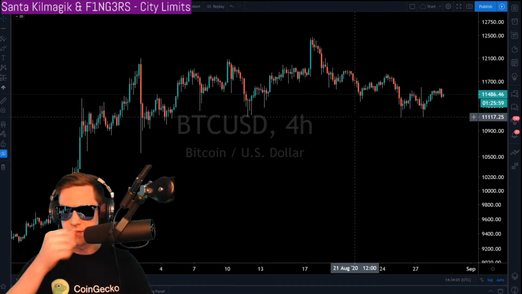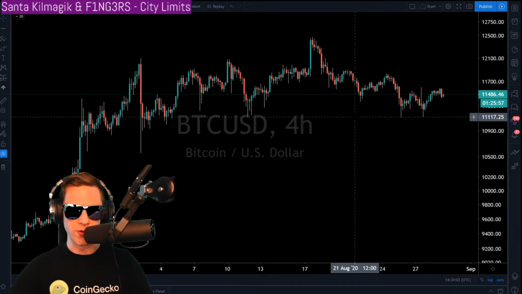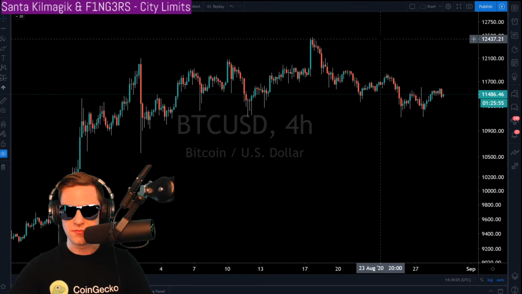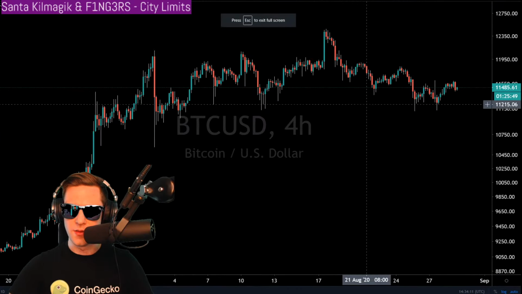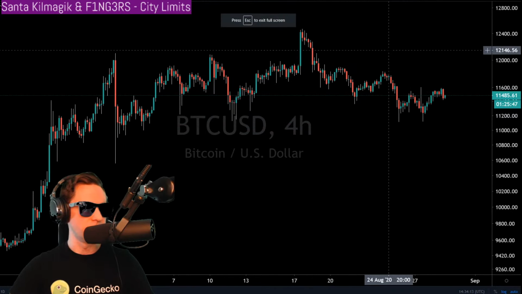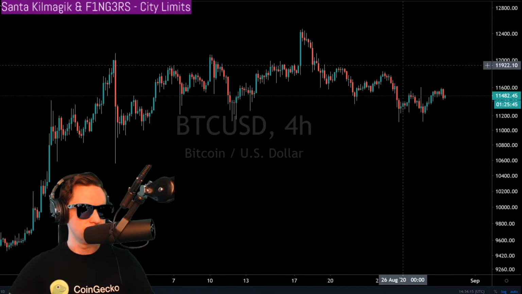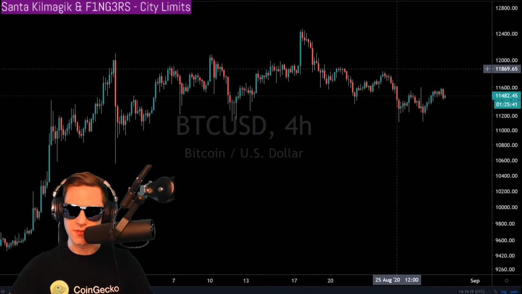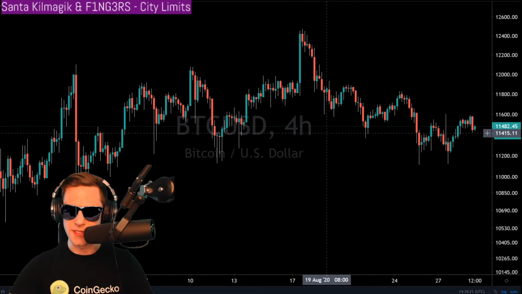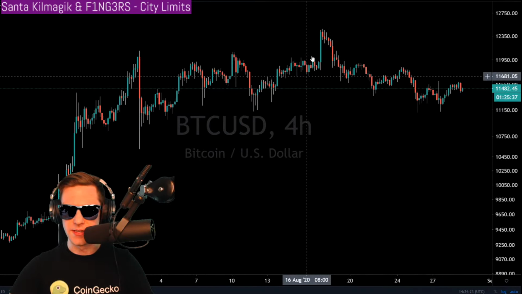I personally would say I use support and resistances more than anything else, any indicator, any pattern, because they are very clear cut and they can make very successful trades. So there's two types. That would be range trading and breakout trading.